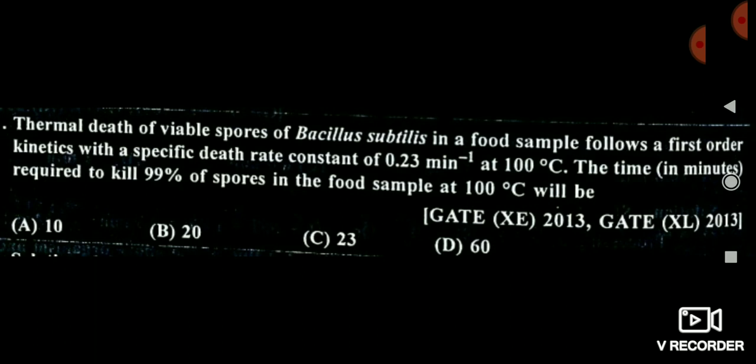Means initially we had 10 students present, that was our n-naught value, and someone said that 6 students were killed, so our final n value, which we use in the formula ln n0 by n, will be 10 minus 6 is equal to 4.